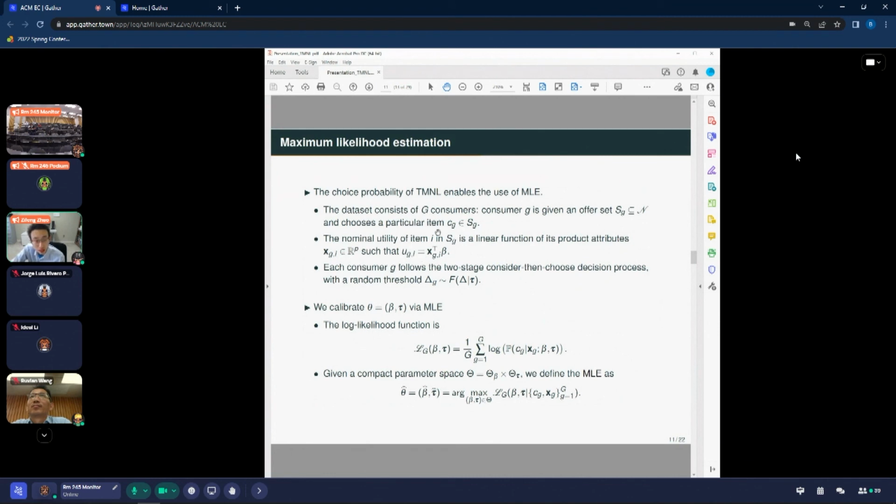But if you want to screen on this x, it's also possible, but ultimately it needs to relate to this U somehow. Because if you want to screen on this x, probably you need to know the directional information, at least whether a higher x is better or a lower x is better. Yeah, that's a good question. I can think about it more. Okay, thanks.